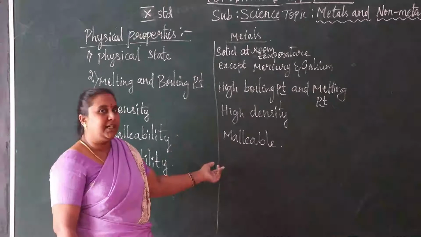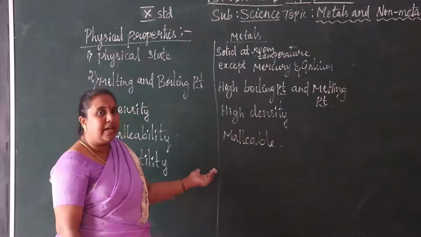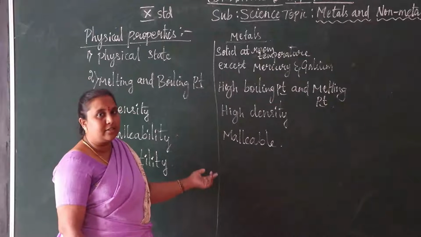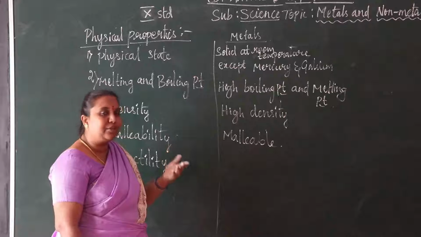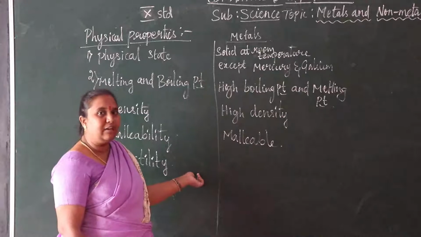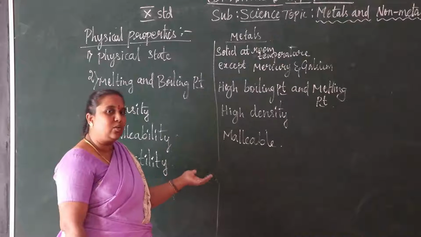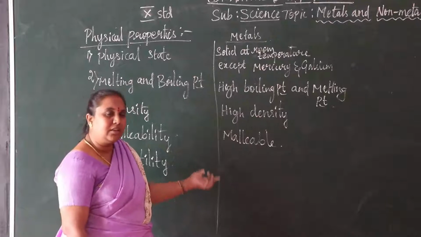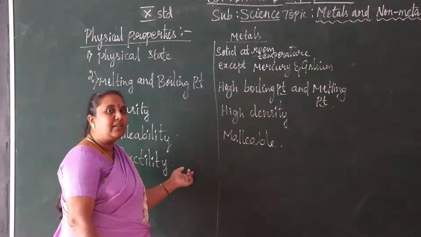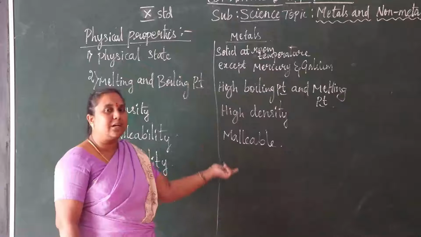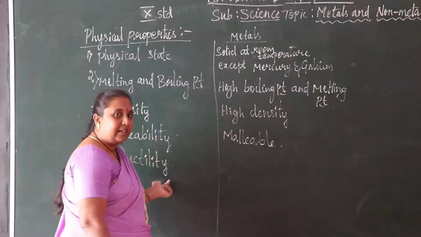We can make copper into thin wires to use as electrical wires, to conduct electricity from one place to another. Making metal into thin wires is ductility.